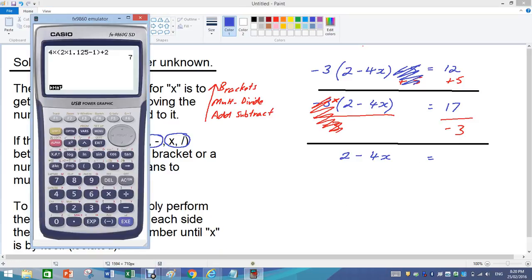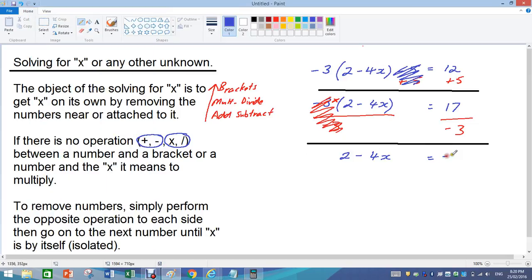Get out your calculator. 17 divided by minus 3 is minus 5.667. It's nice to round to about 3 decimal places on the way through to the answer. Don't round off too early. We know that our answer should be in 2 decimal places, but just don't do that while you're still getting towards the answer.